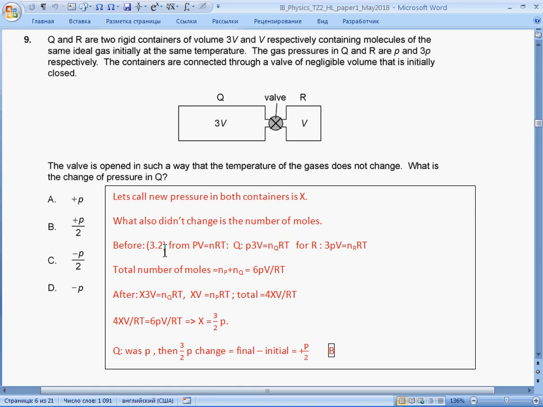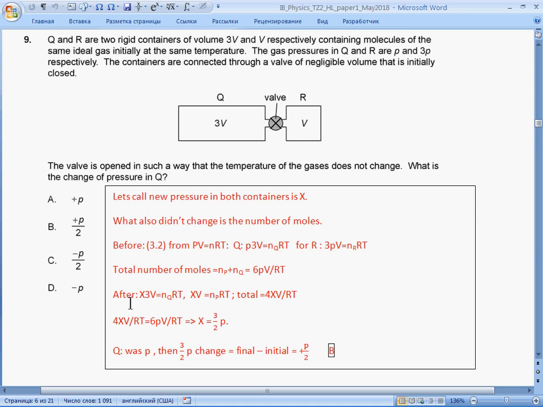Before, from section 3.2 we have the ideal gas equation where we have number of moles n. So in Q we have nq moles, in R we have nr moles. Total number of moles is 6PV over RT.